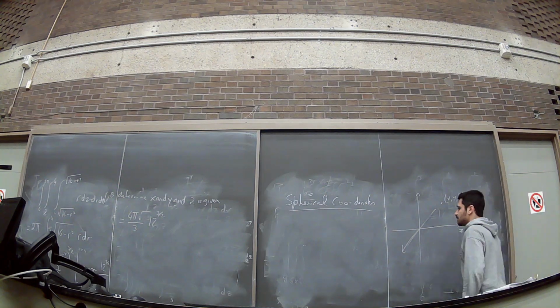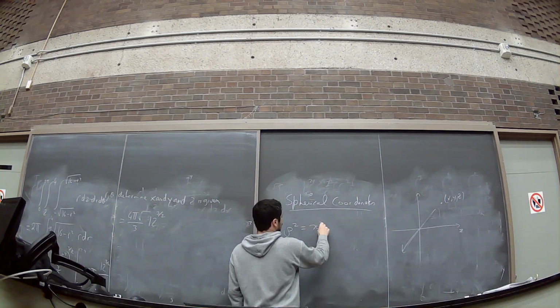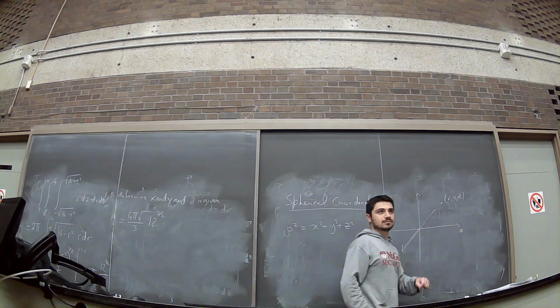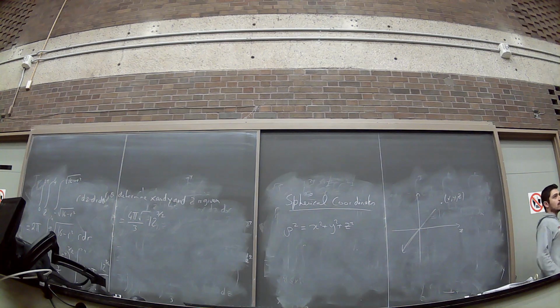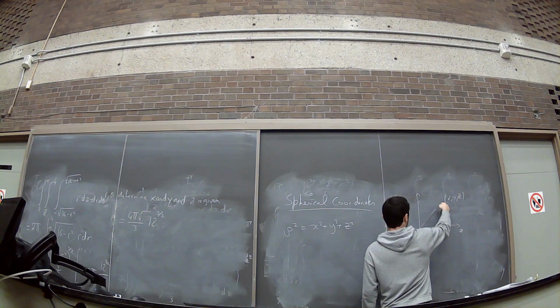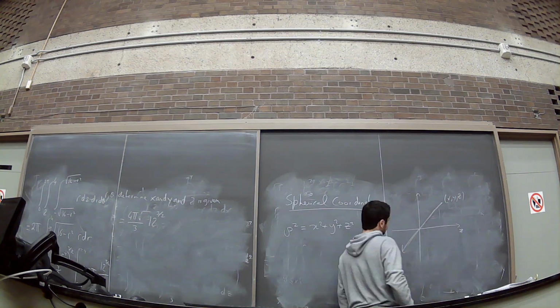First of all, let me call rho squared the square of the distance from this point to the origin. What is the distance from 0 to x, y, z? It's rho. So let me draw the line here.